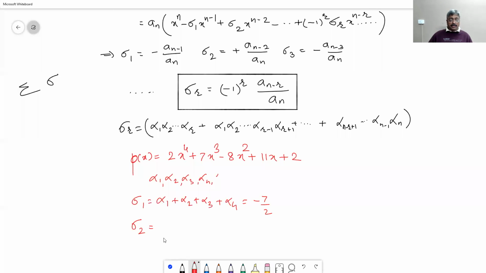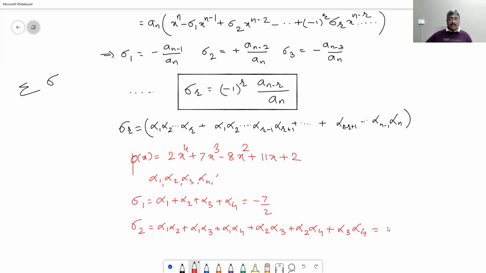Sigma 2 is equal to alpha 1 alpha 2 plus alpha 1 alpha 3 plus alpha 1 alpha 4 plus alpha 2 alpha 3 plus alpha 2 alpha 4 plus alpha 3 alpha 4. It's a long thing.